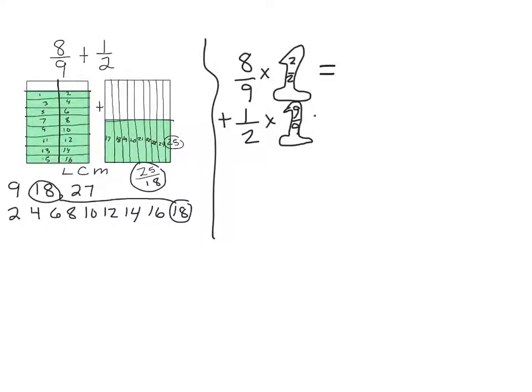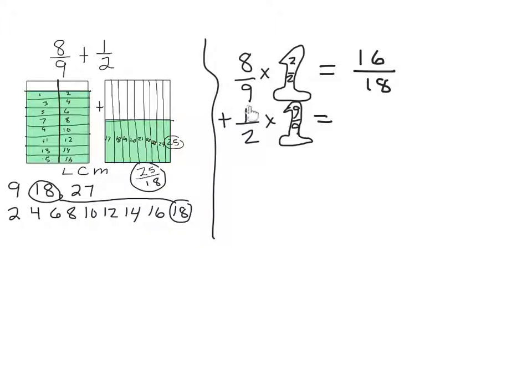And here we go. We're going to take 8 times 2, which is going to give me 16. Bam. And then 9 times 2 is going to give me 18. And if you notice, that's right here, the 16/18. And then we'll get this one over here. So watch.